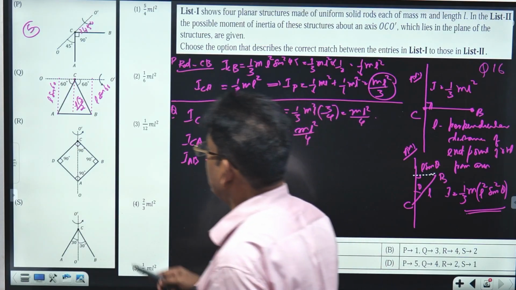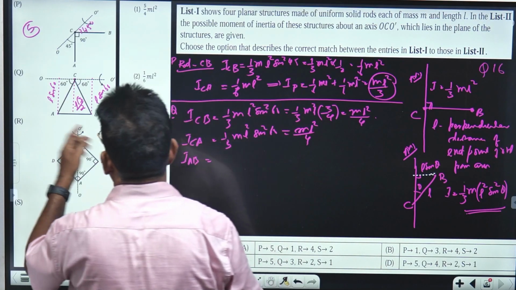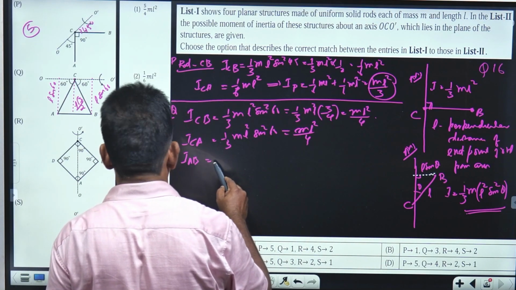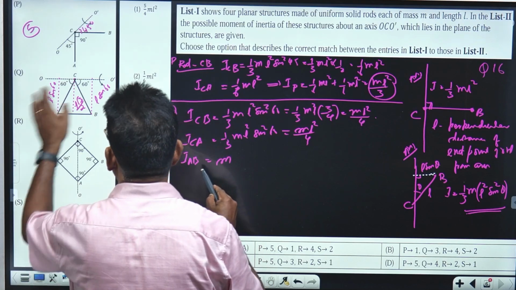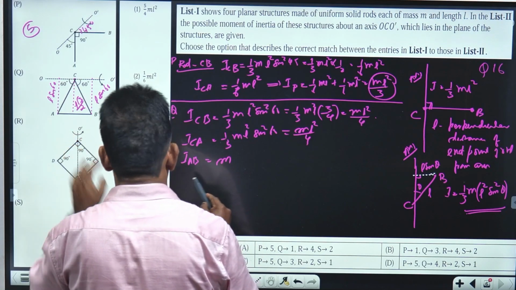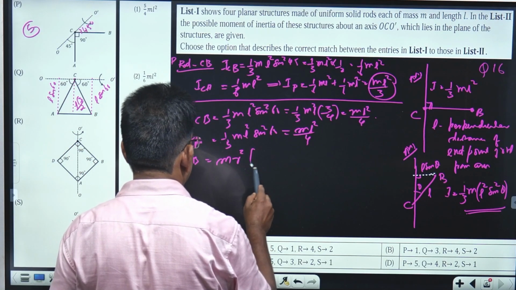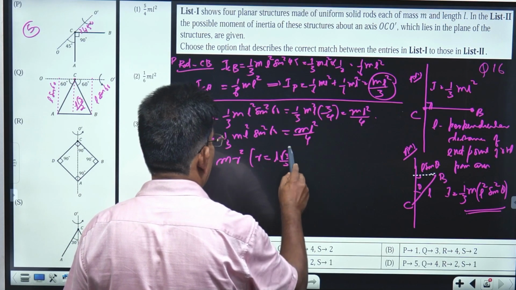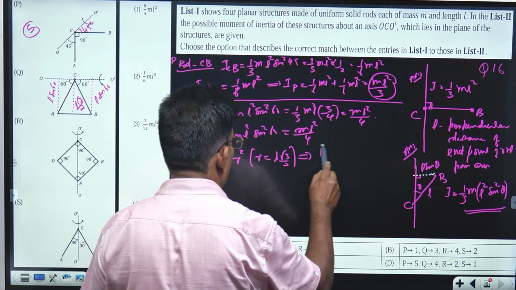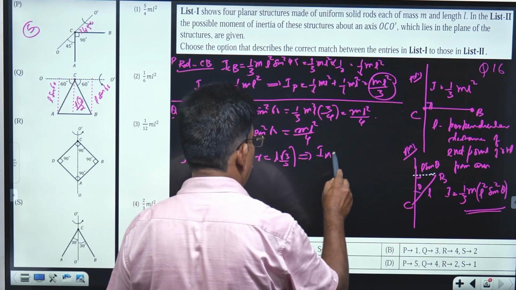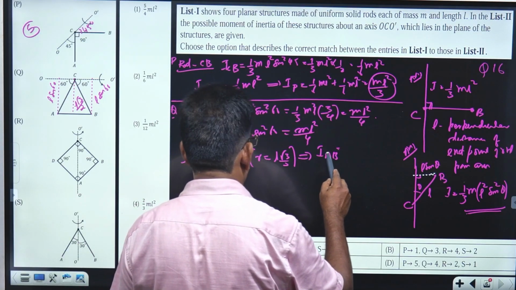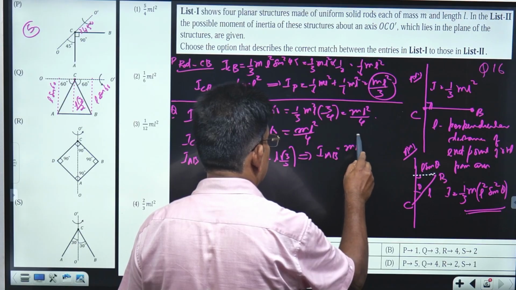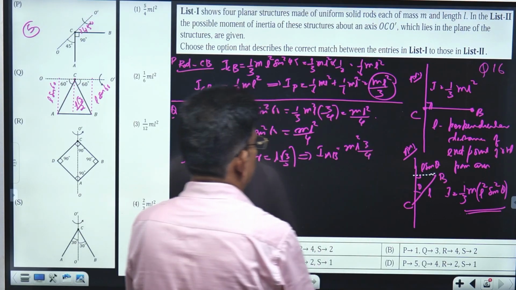So similarly, in AB, every point is equidistant from the axis O dash. Every point on the AB is equidistant from the axis, where R is the altitude of that equilateral triangle, L root 3 by 2. This gives you the moment of inertia of IAB. That is coming to be how much? ml square 3 by 4.